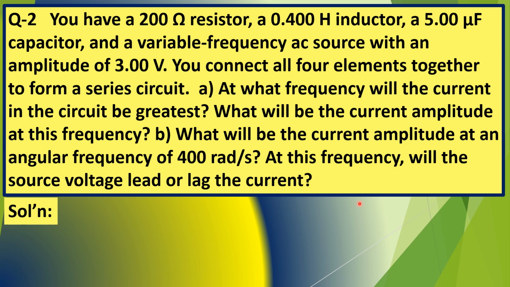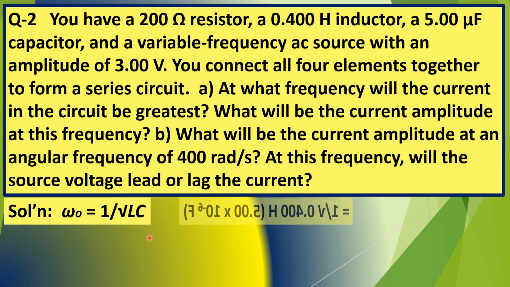So, our solution for question letter A, we have to determine the resonance angular frequency omega naught, which is equal to 1 over the square root of the product of the inductance and the capacitance.